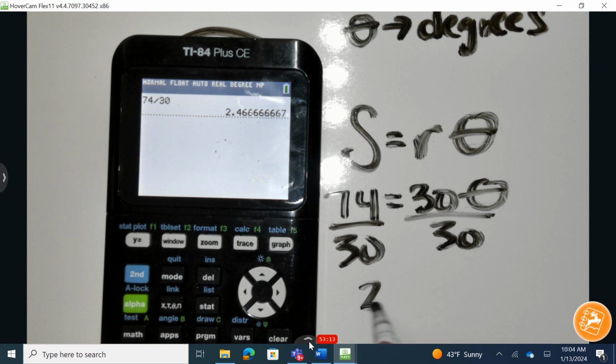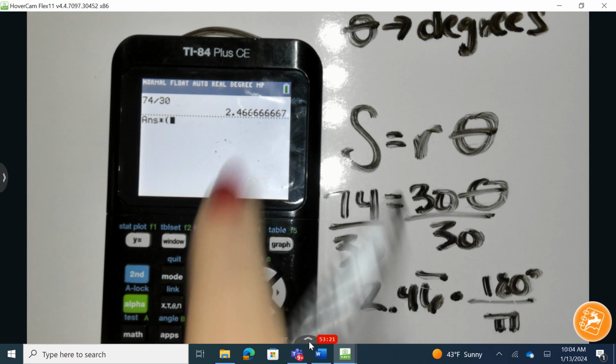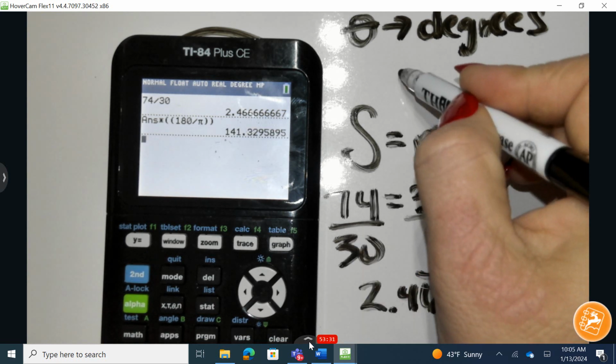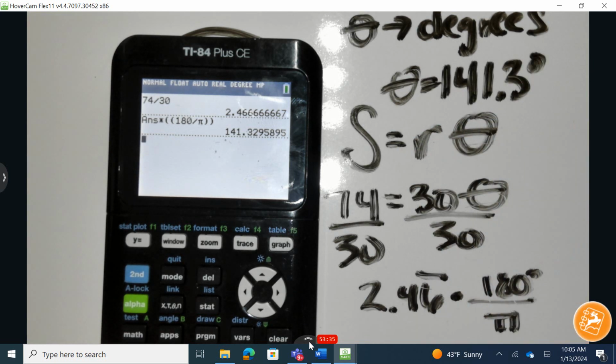So I have 2.46 repeating. To change this into degrees, I'm going to multiply it times 180 over pi. So I'm going to go times this previous answer, that way I don't have to round it, times, in parentheses, 180 divided by pi. And here's my answer. So this angle would be approximately 141.3 degrees.